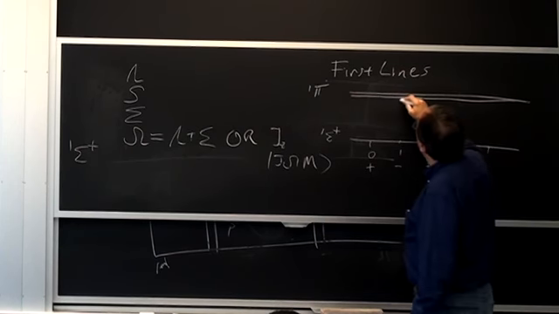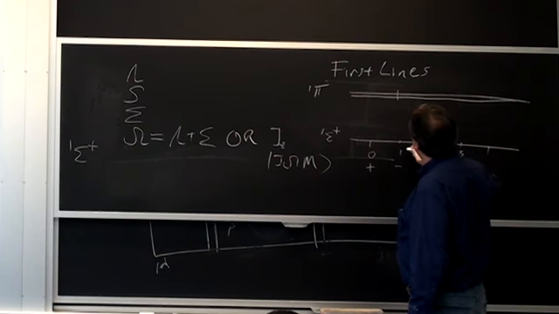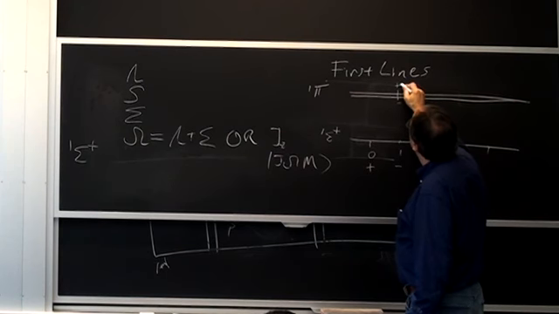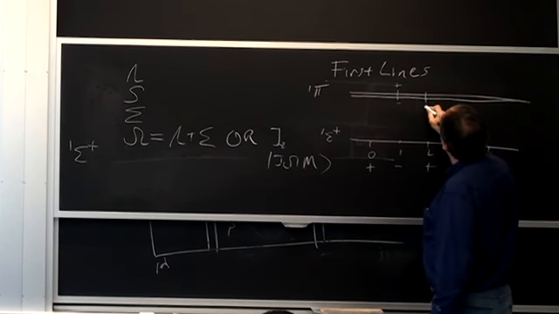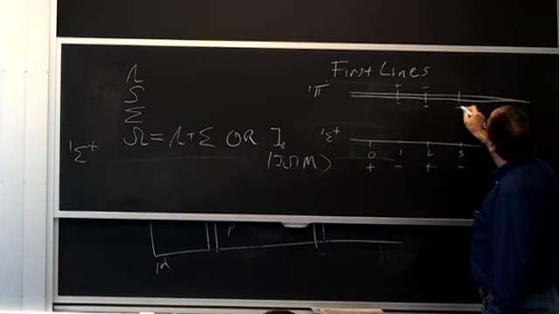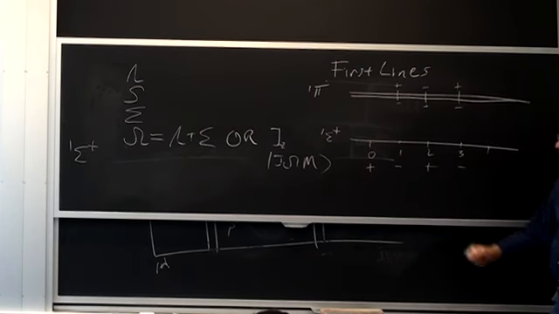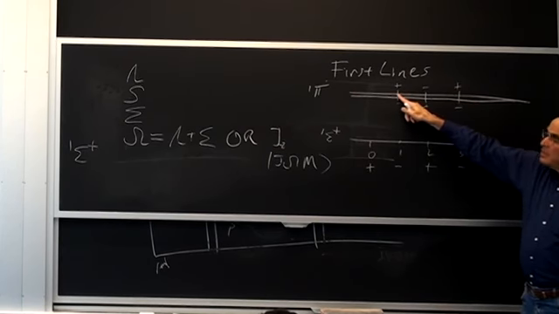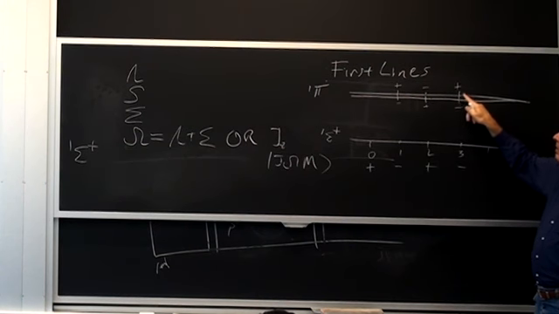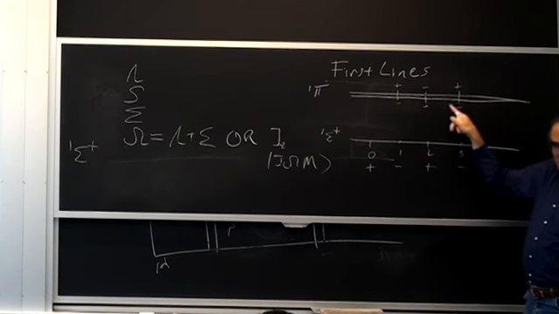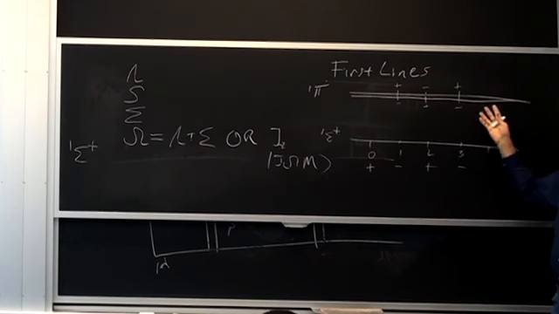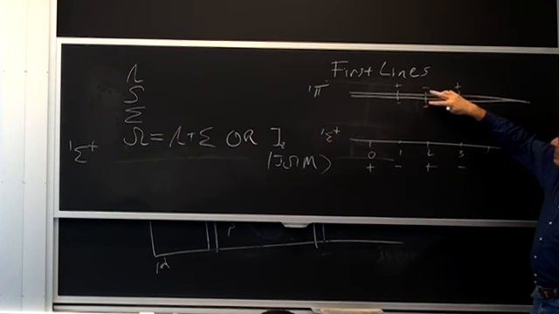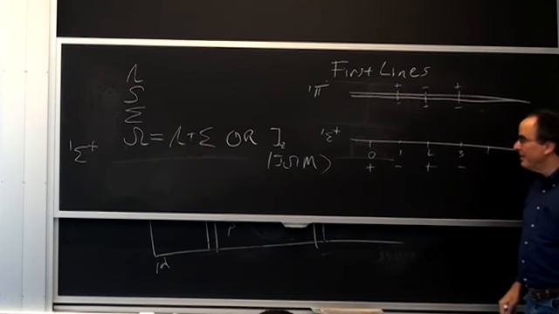And now for pi, we have J equals 1, and we have minus parity and plus parity. And for J equals 2, we have plus parity and minus parity. So a pi state is really two states. And the lowest J is 1, and the parity alternates with J, and the lower component and the upper component vary this way.